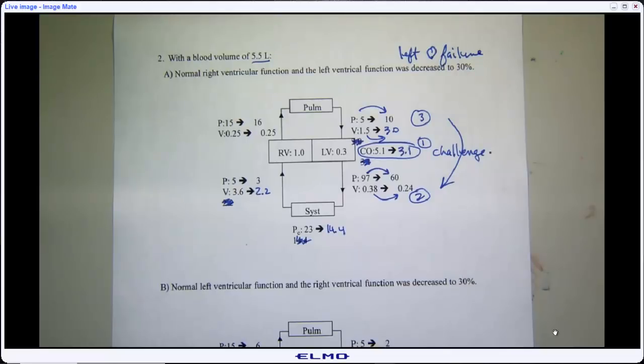Okay? You see, those ones are pretty straightforward. It's normally easy to predict the compartments above and below the problem. Now, the difficulty in predicting, which is why we have the numbers with us today, the difficulty starts to get in terms of the farther you move from the problem. Okay?